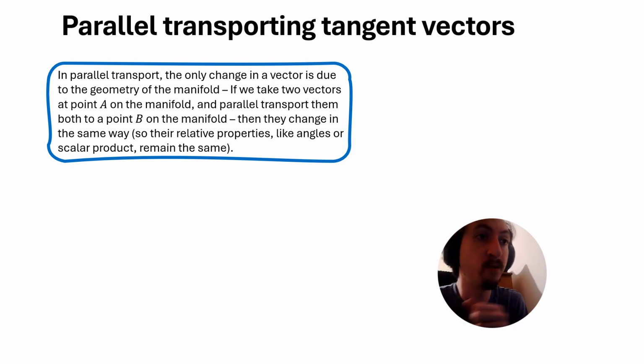But if we parallel transport both the path, so both, say, the position and its tangent vector, so the velocity, they will remain parallel with each other. So for parallel transport, we can consider two vectors, and if we parallel transport both of them, they will remain at the same angle relative to each other, including a vector describing the path and a vector describing a tangent vector to the path.